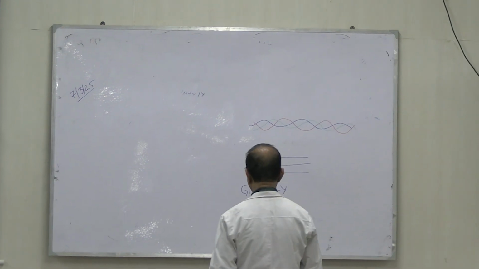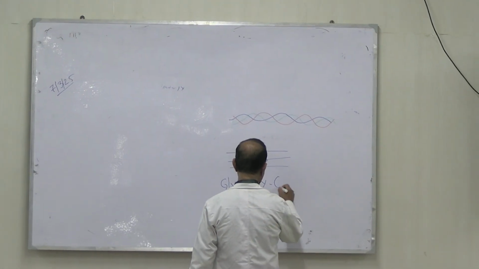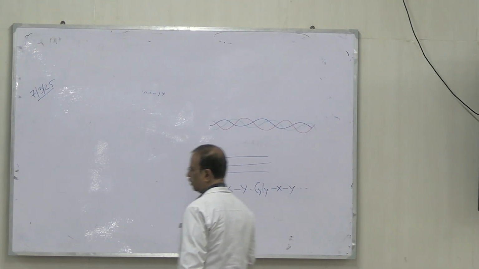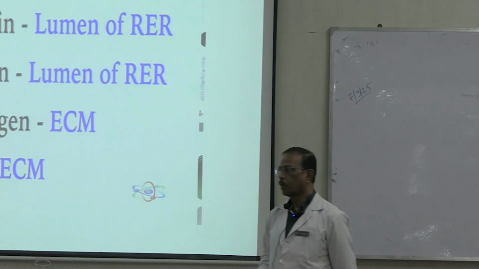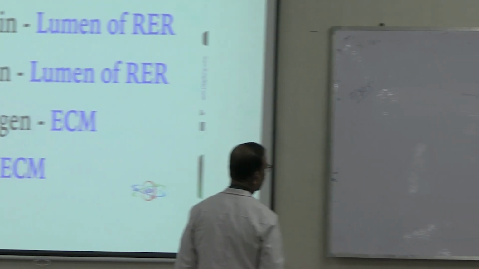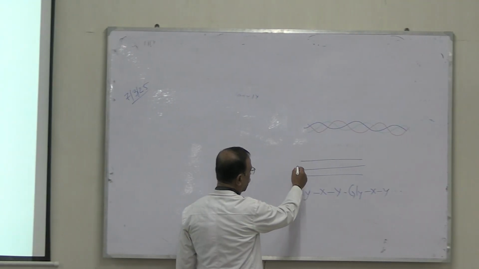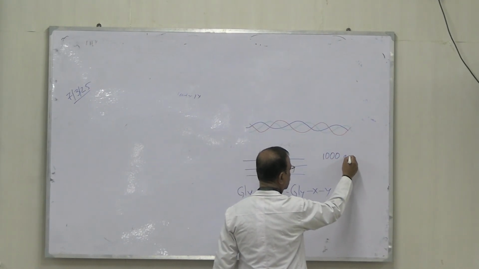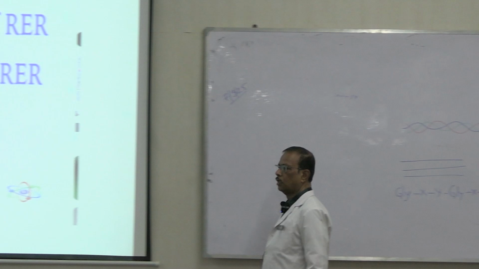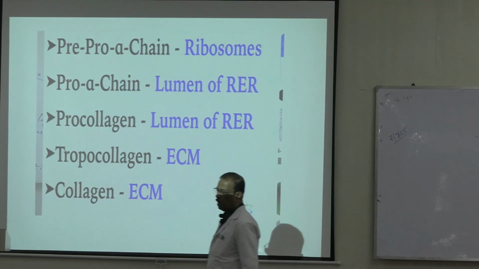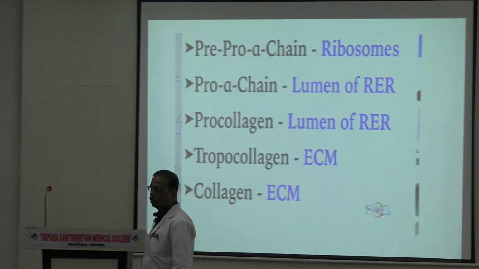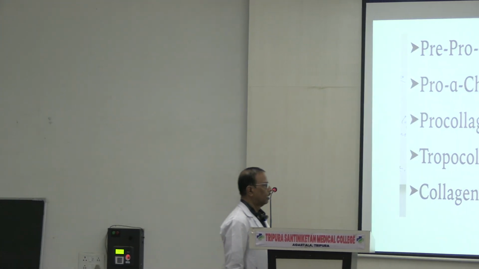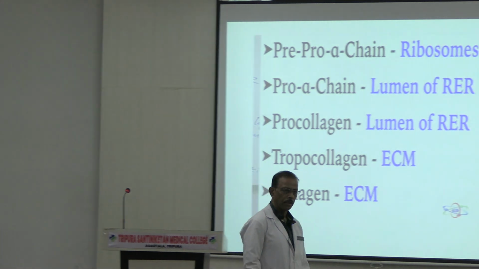So it will have again glycine, X, Y, like that. Each alpha chain has around 1000 amino acids in its sequence. These 3 alpha chains are wound around and stabilized by hydrogen bond, disulfide bond and cross-linking.